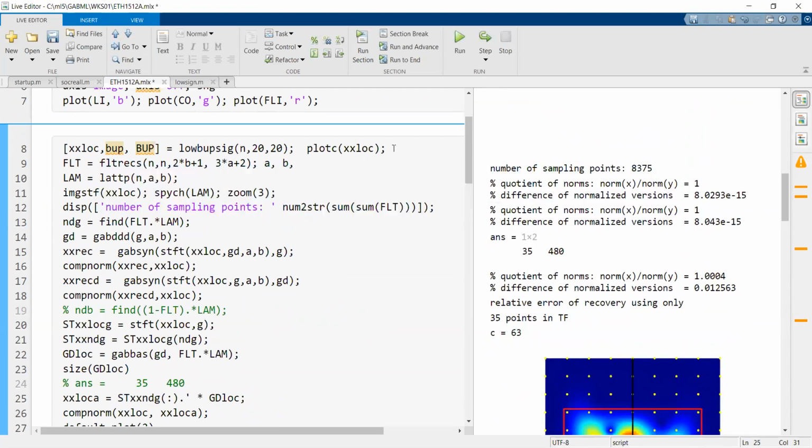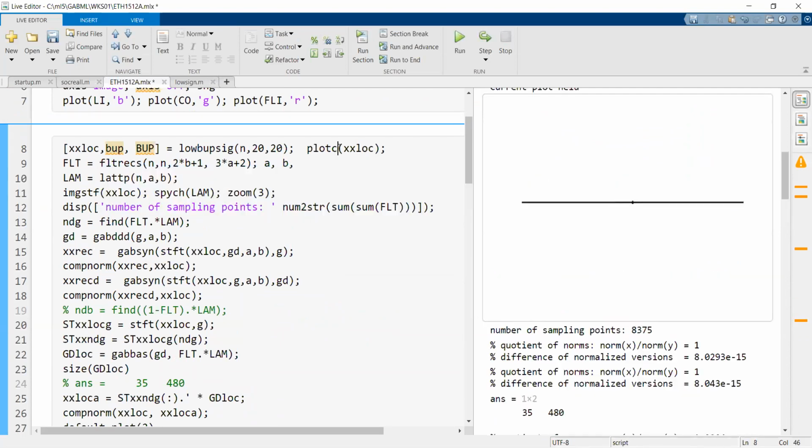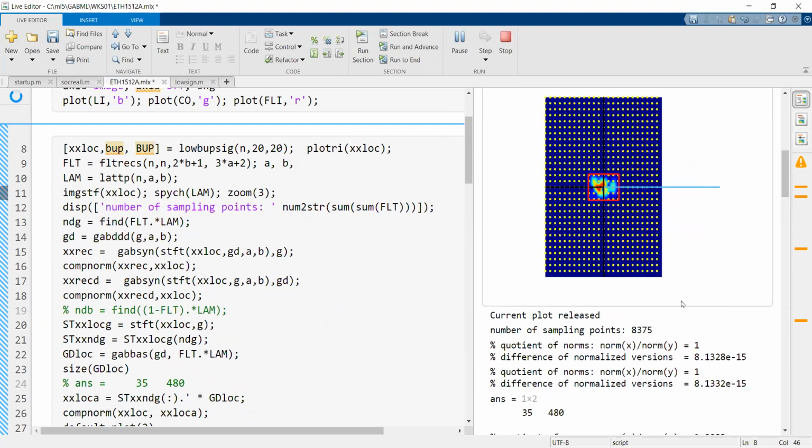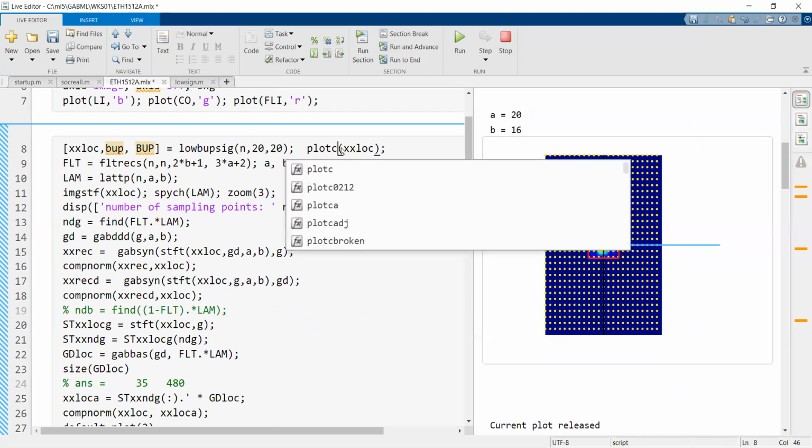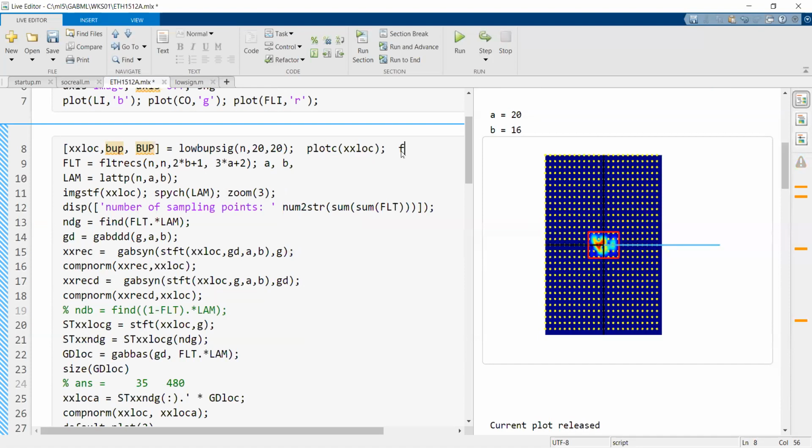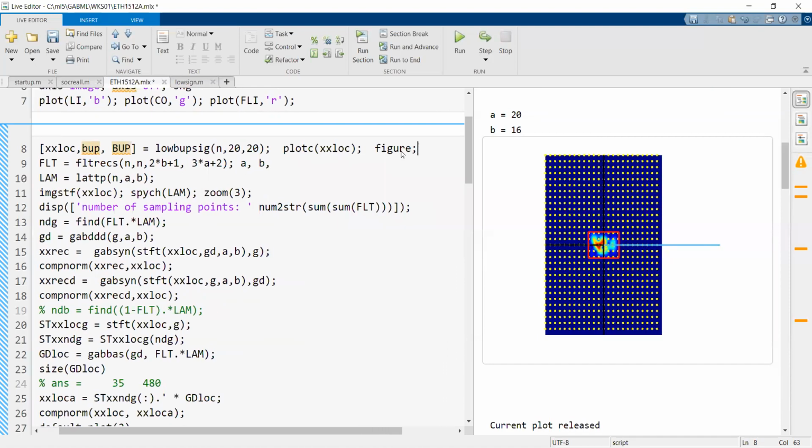I don't know why. I tried only once, but you see here it's... I see. No, that's... I see. I have to change the figure once more, so I have to say figure.